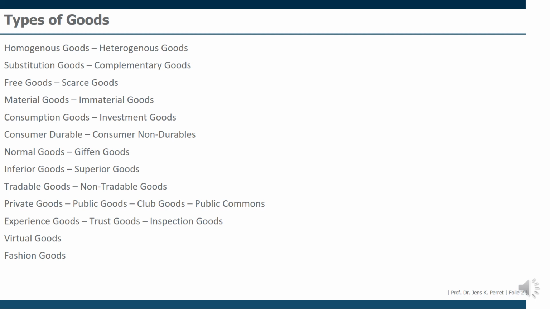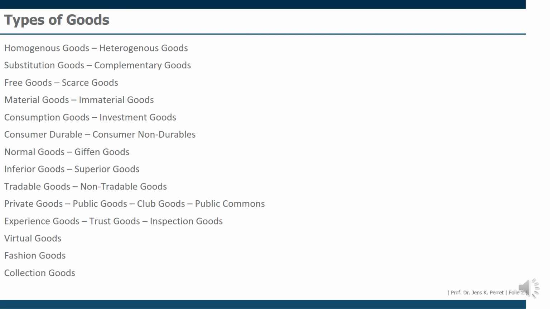And it's highly dependent on some kind of societal consensus of which goods are actually good, provide an additional benefit, are therefore demanded more strongly, and which are not. So fashion goods are usually wearing apparel and something like this, but are not limited to this type.